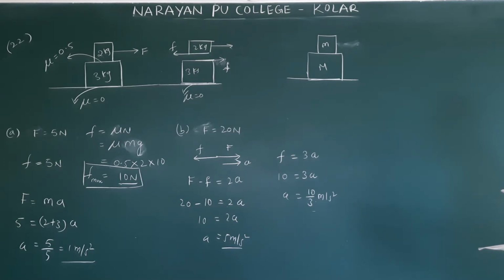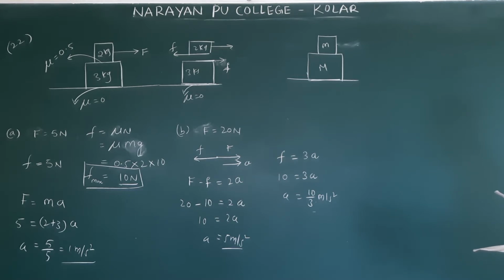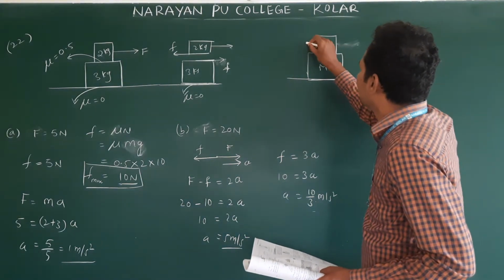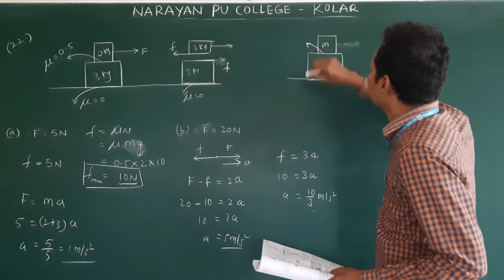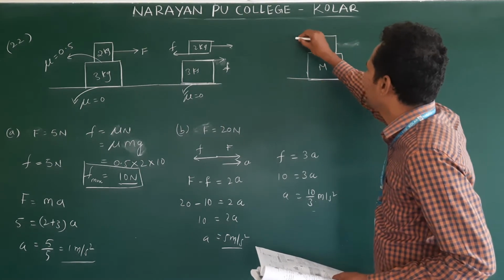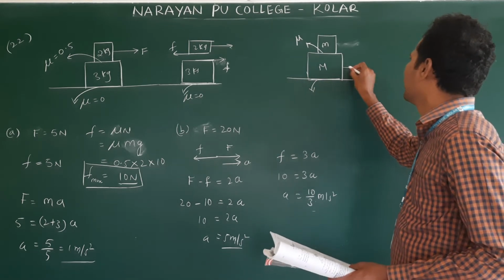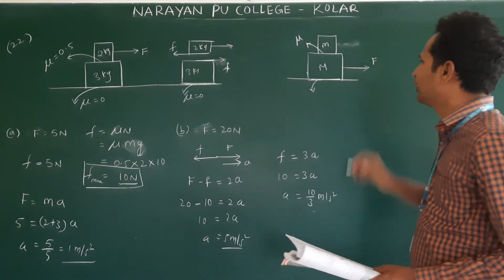The coefficient of friction between them is mu. What is the maximum acceleration with which block M may move so that small m also moves? Okay. So here, friction is there, mu, between them. They mentioned, but here they did not mention the applied force F like this.